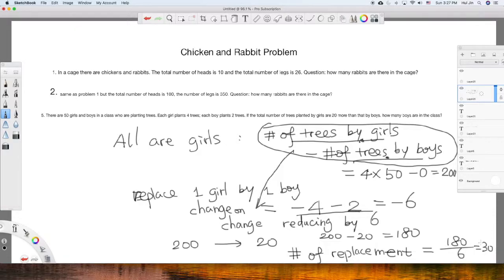What does that mean, 30? That'll be 30 replacements, will be 30 boys and 20 girls. Of course, you are going to take this answer and verify. Let's see, 30 boys, 20 girls. 20 girls will be 80. 30 boys plant 2 trees each will be 60, and the difference will be 20, and this is the correct answer.